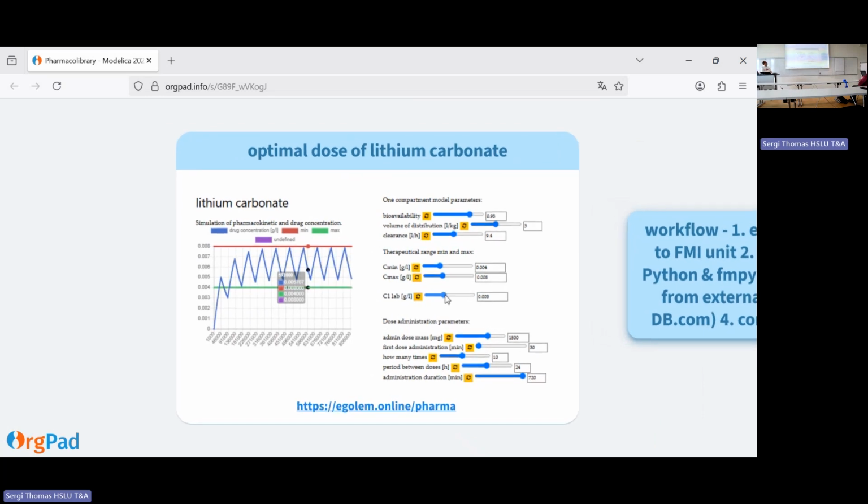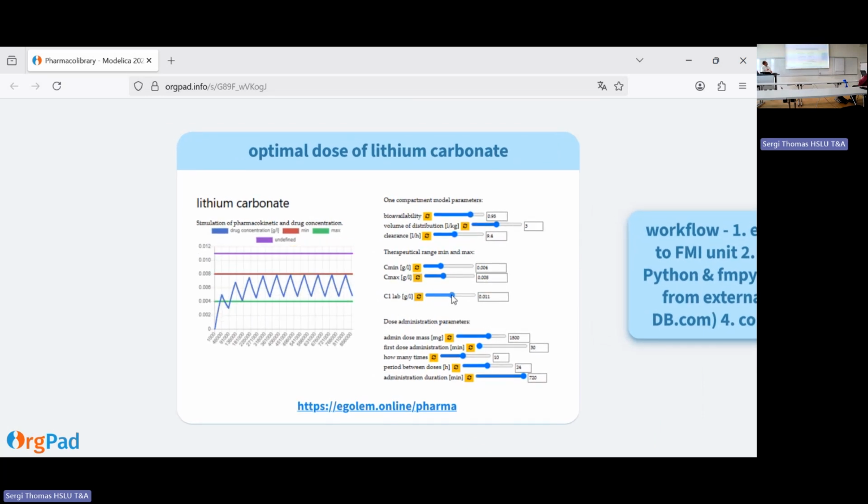So one of the tasks is to set the optimal dose of, for example, here the drug lithium carbonate, where the patient after 3-4 days came to the appointment, and they measured the concentration of the drug quite above the maximum level.